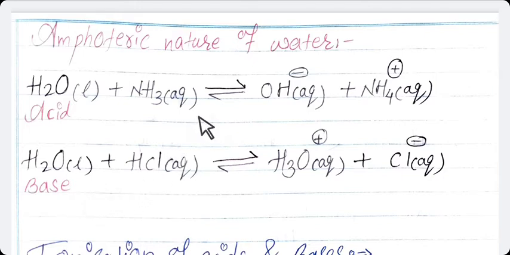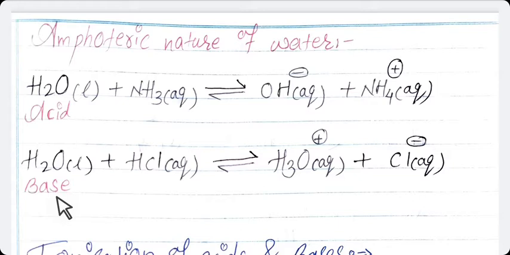So whenever water reacts with a base, it acts as an acid, and whenever water reacts with an acid, it acts as a base. This property of water is called amphoteric nature. Therefore, water is amphoteric. I hope you understand what amphoteric is.